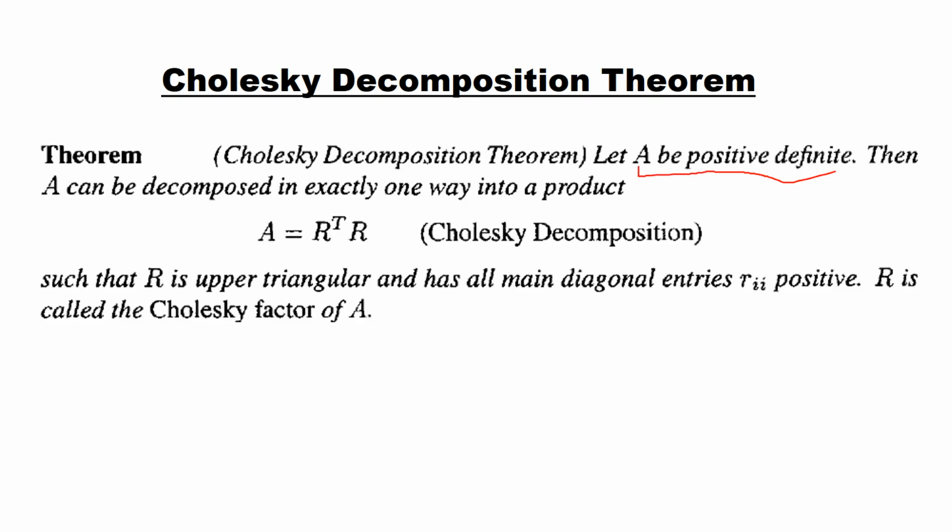Then A can be decomposed in one way into a product of R transpose R. This is called the Cholesky decomposition. What is R? R is upper triangular and all its main diagonal entries are positive. R is called the Cholesky factor of A.